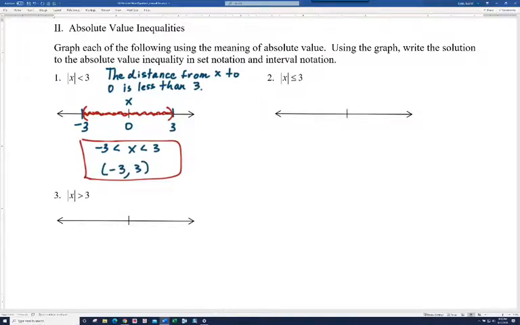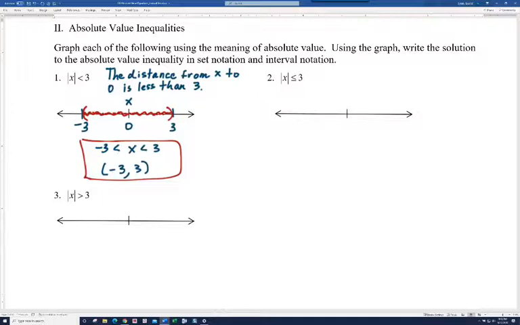So it's open parenthesis, -3, comma, 3, again parenthesis. And so that's how you express the numbers that are between -3 and 3 and don't include the endpoints -3 and 3. All right, so go ahead and look at number 2 and think about how that would be different from the one we just did. See if you can do the problem.